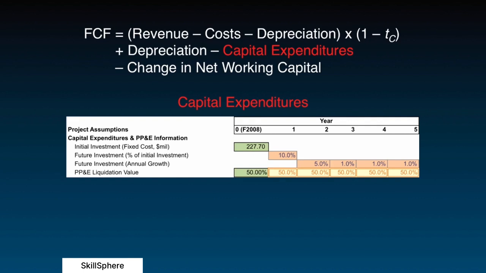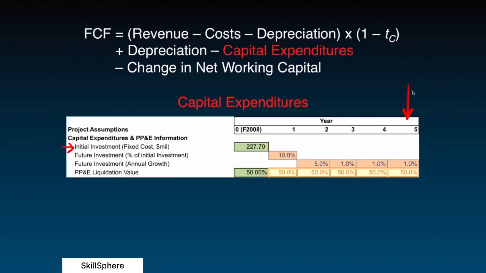Now, at the end of this project, which I'm assuming is a 5-year project, I'm going to have all of this plant, property, and equipment left over. Well, let's focus on the plant and equipment. It's going to be there. It's not going to just disappear at the end of the project.